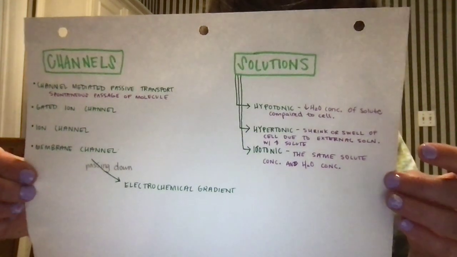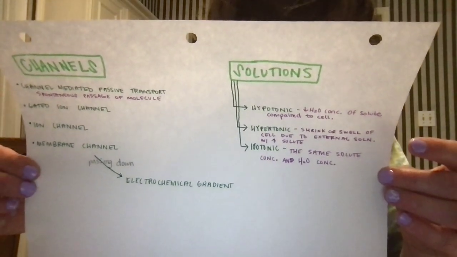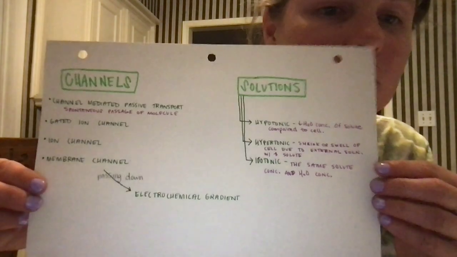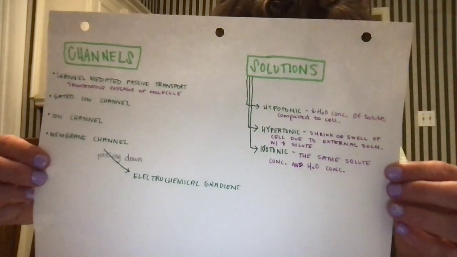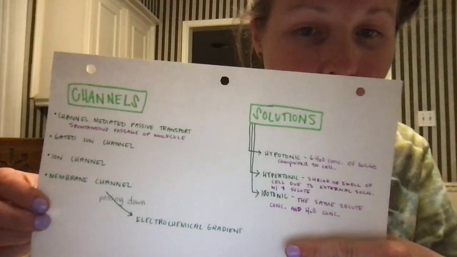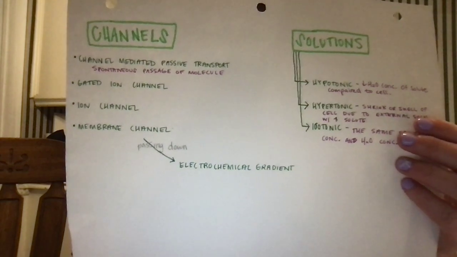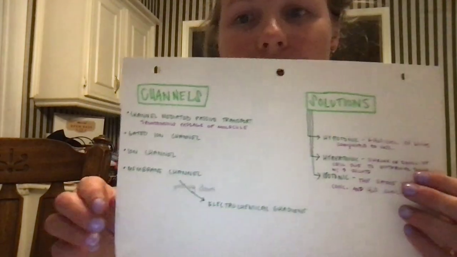Your ion channels, which are the pathway for charged ions through an area that would otherwise be impermeable. And your membrane channel, which is the passive movement of ions down the electrochemical gradient. Wow, how cool. And the electrochemical gradient creates free energy to perform work.